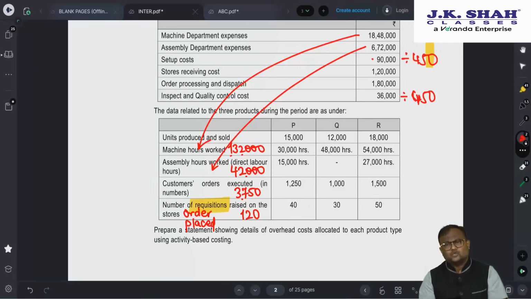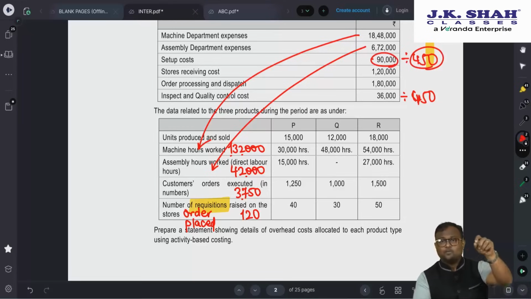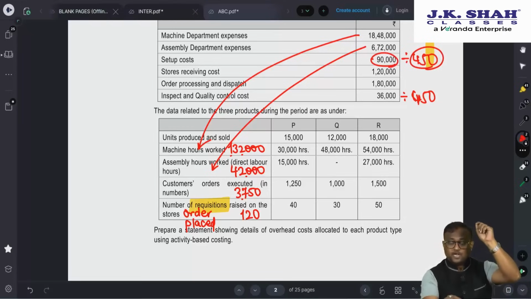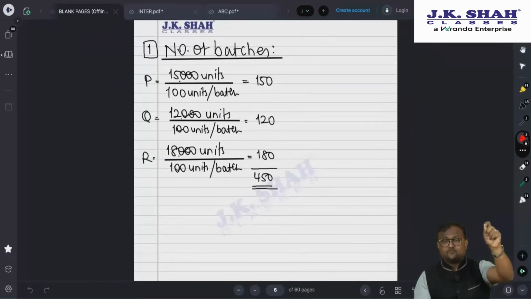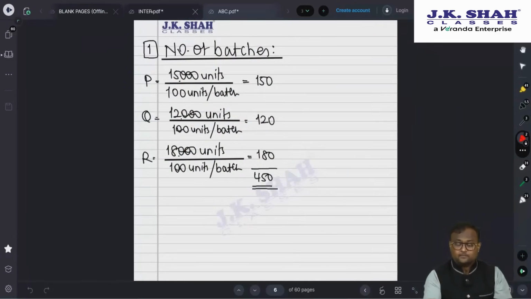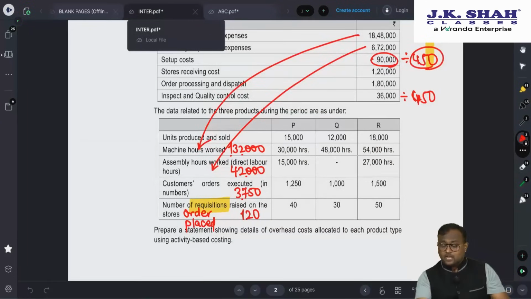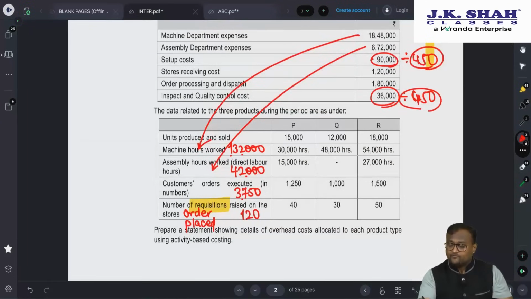So setup cost and even inspection cost will be charged on the basis of number of batches. 90,000 divided by 450 gives one rate, applied on 150, 120 and 180 batches. Same thing, 36,000 divided by 450 gives a rate applied on 150, 120 and 180 batches.